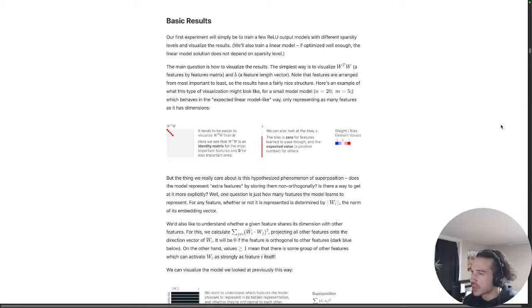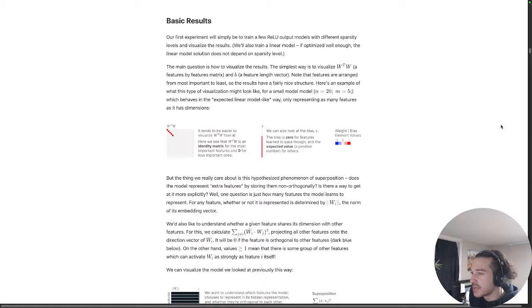Here's an example of what this type of visualization might look like for a small model, n equals 20, m equals 5, which behaves in the expected linear model-like way, only representing as many features as it has dimensions.